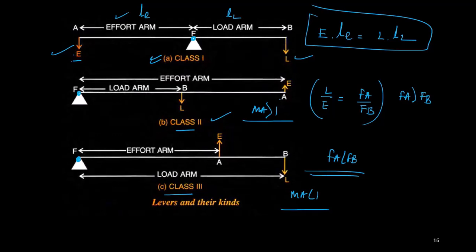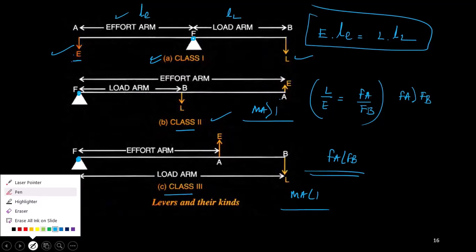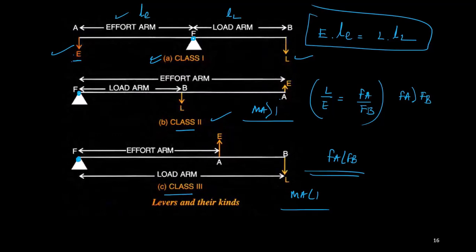In class 1, the L by E ratio equals FA by FB, but we can only conclude that the mechanical advantage may be greater than, less than, or equal to 1. Definitely I cannot say. But for class 2 and class 3, MA is either greater than 1 or less than 1.